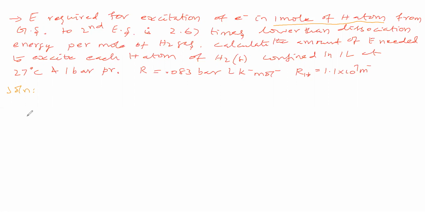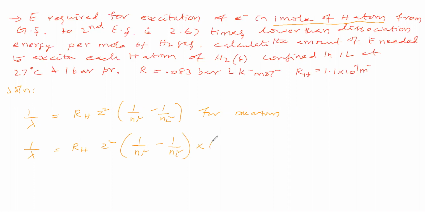For that the formula is 1 by lambda is equal to RH into Z square into 1 by n1 square minus 1 by n2 square. It is for one atom. Here 1 mole of atoms is given, so 1 by lambda is equal to RH into Z square into 1 by n1 square minus 1 by n2 square into Avogadro number.